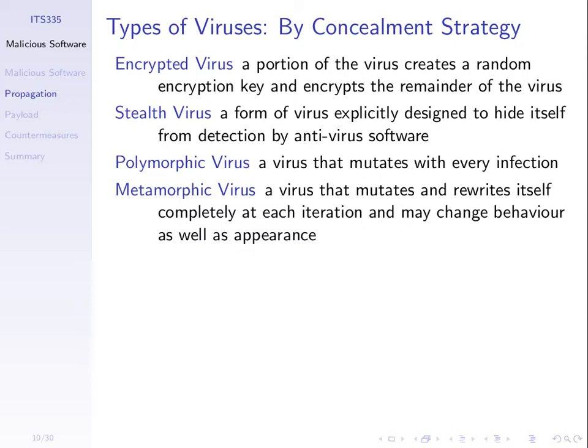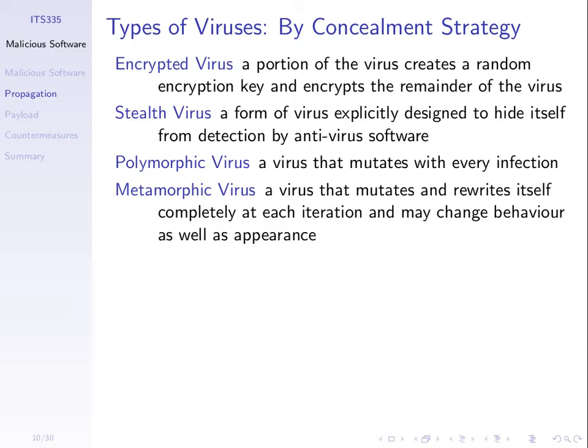One way to change is to change how it looks, which is what a polymorphic virus does. It changes some code inside itself. The virus still does the same thing, but if you look at the code of the virus, it's different from the previous version. A metamorphic virus does that as well as changing its behavior.